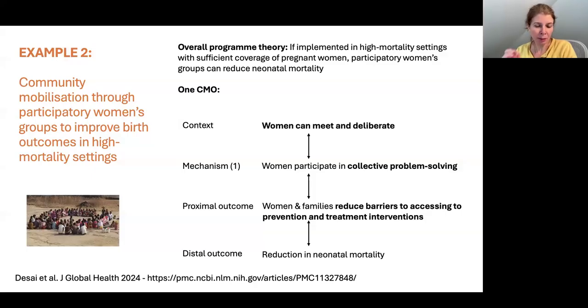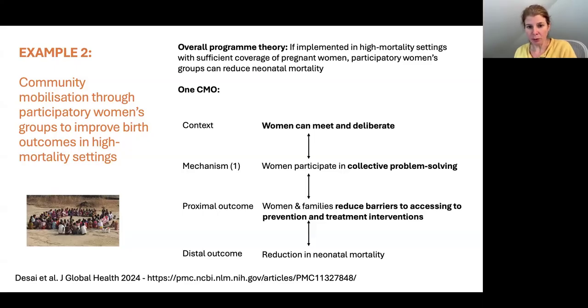And this is an example from some of our work, and will be very familiar to Anthony and many others who have done a lot of work on community mobilization through participatory women's groups to improve birth outcomes, so reduce maternal deaths and reduce neonatal deaths. So we have an overall program theory for this intervention, which is that if you implement it in a high mortality setting and with sufficient coverage of pregnant women, these participatory women's groups can reduce neonatal mortality.